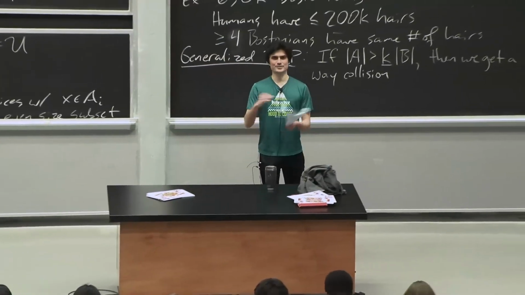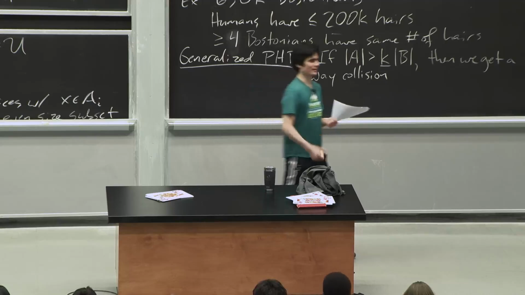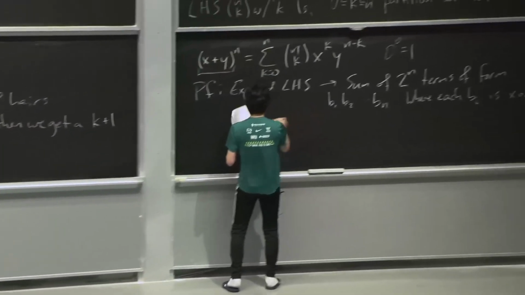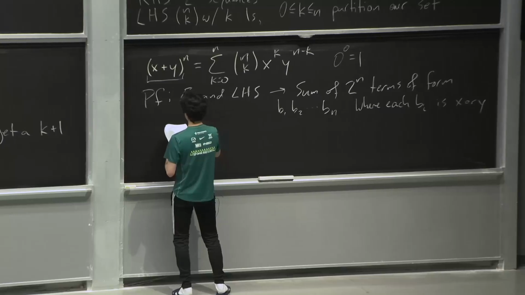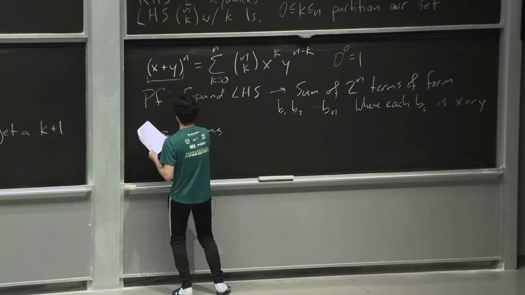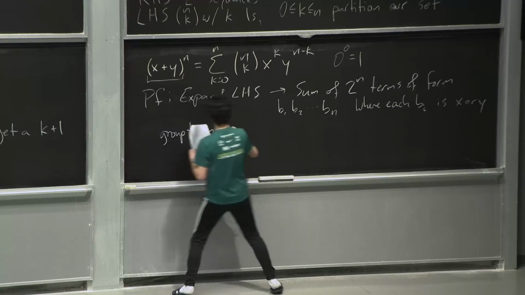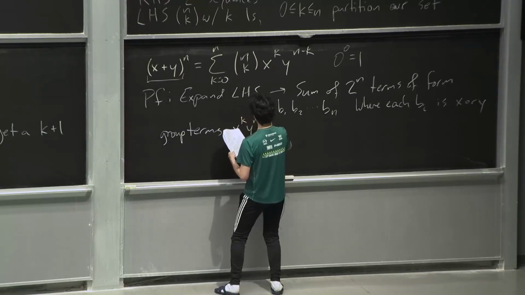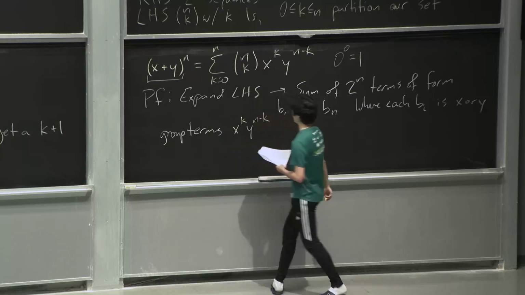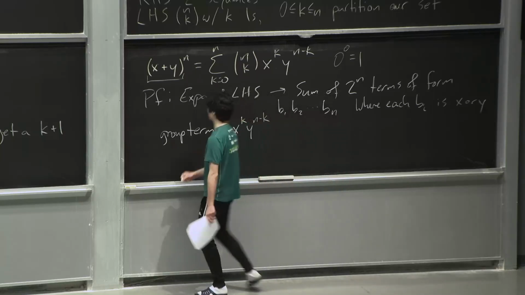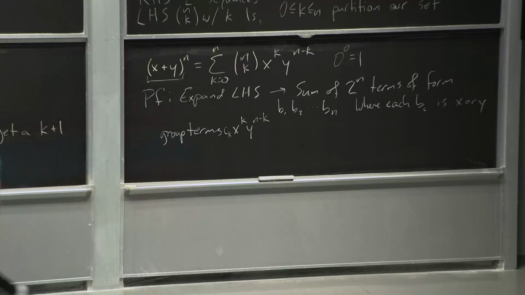And then we can also rearrange the terms so that we put like terms together. Okay? So we can group them into terms of the form x to the k times y to the n minus k, and then multiplied by some coefficient c sub k. Okay?